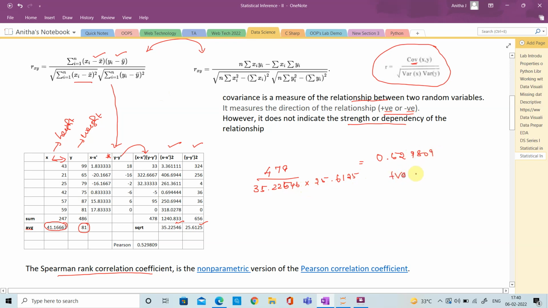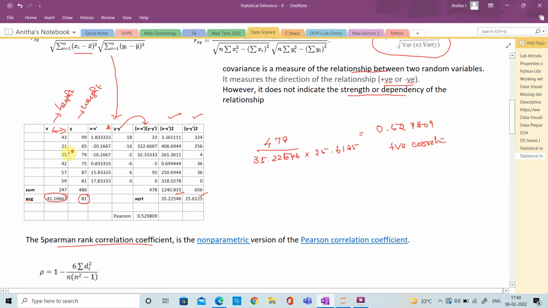So it is a positive correlation, but it is not nearest to 1 to represent a strong one. Okay, so it is a medium positive correlation coefficient between these two variables. So we can tell x and y are positively correlated, with a less strong relationship between them. So that you need to find out with the Pearson coefficient.